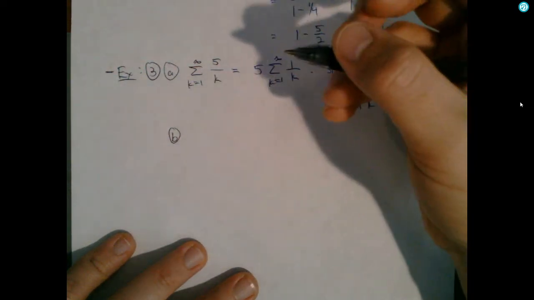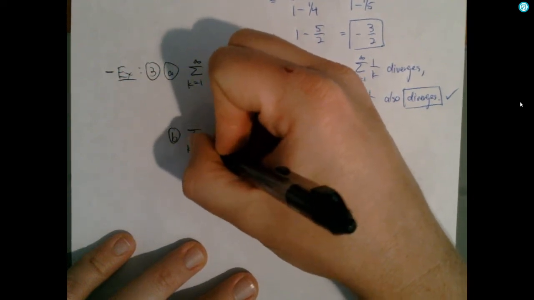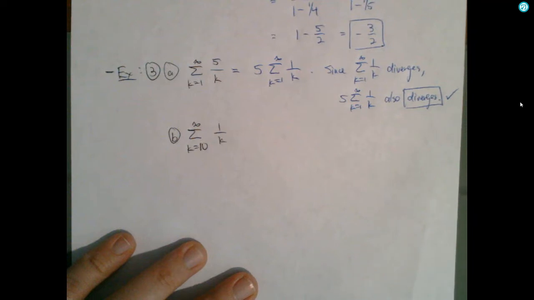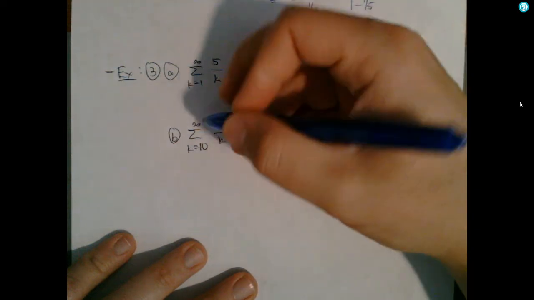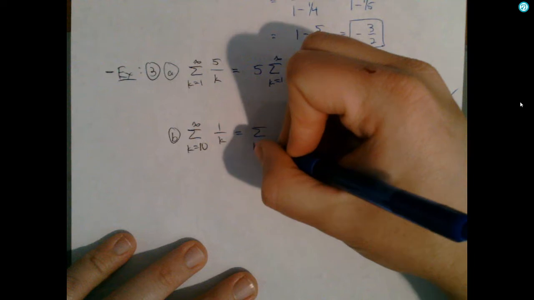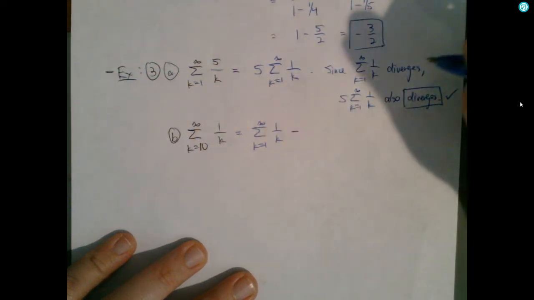Anyway, so next one, we've got the sum from k equals 10 to infinity of 1 over k. Well, notice that this equals the sum from k equals 1 to infinity of 1 over k, except that you're missing the first 10 terms.